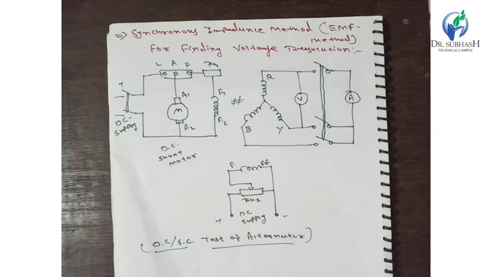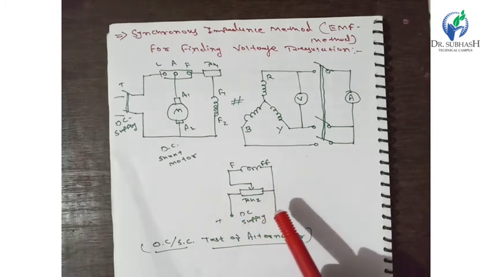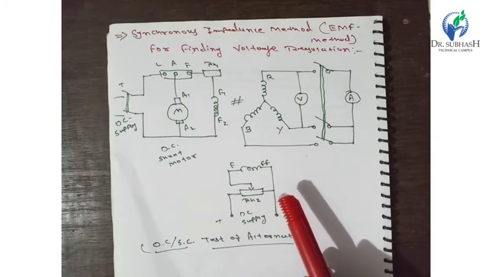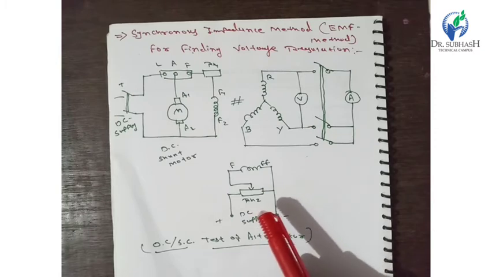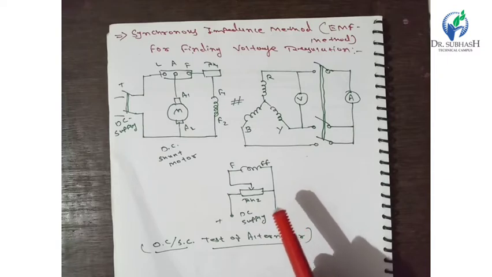In a short circuit test, the excitation of the alternator is first reduced to 0, and then the switch is turned on so that the stator terminals are short circuited.